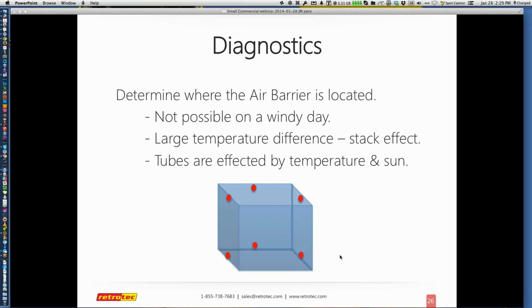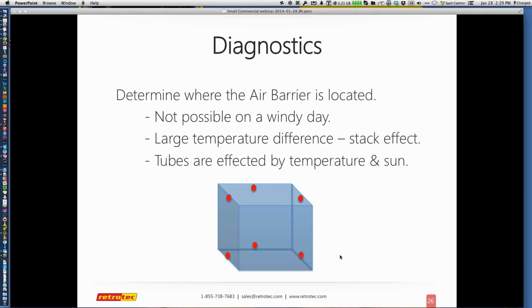You have a hard time doing this on an incredibly windy day. You need to be careful of your reference tube. Large temperature differences can also create a stack effect, depending on temperatures inside and out, or where the structure is in relation to itself in a building. The tubing will also be affected by temperature and direct exposure to the sun.